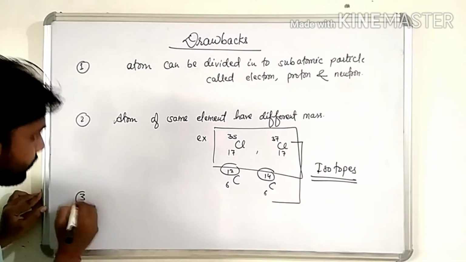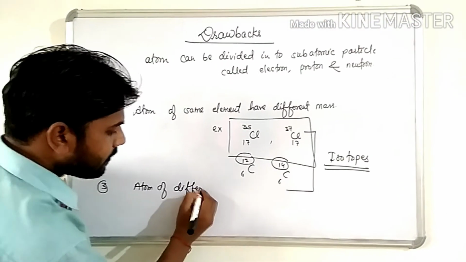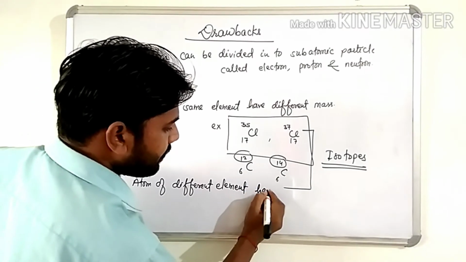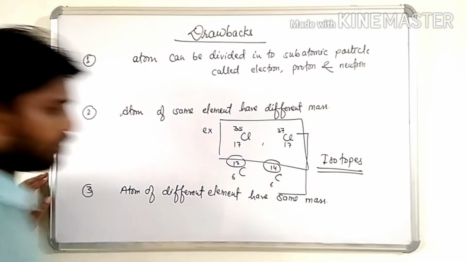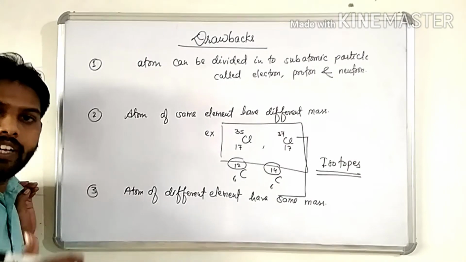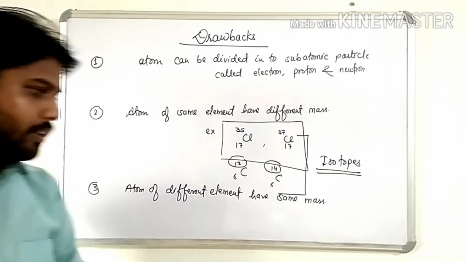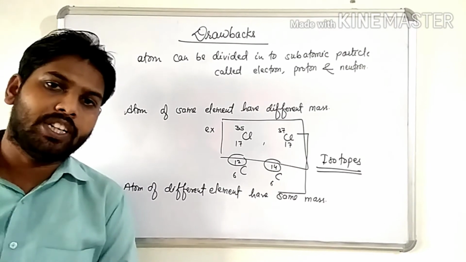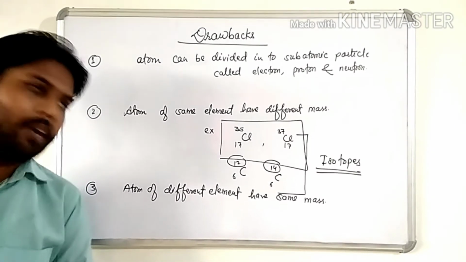Third, atoms of different elements have the same mass. John Dalton stated that if atoms are different, then their mass, size and properties will also be different. But there are some elements found in nature which, being different, show the same masses.